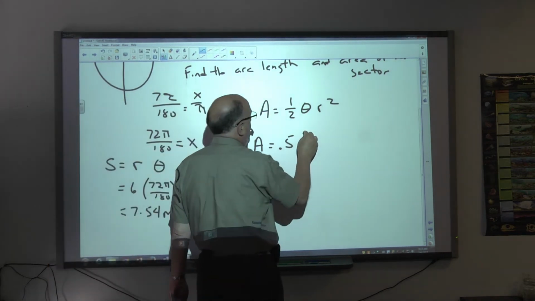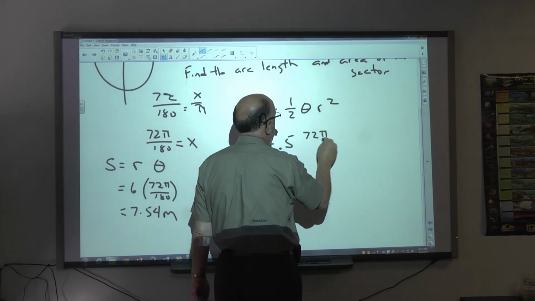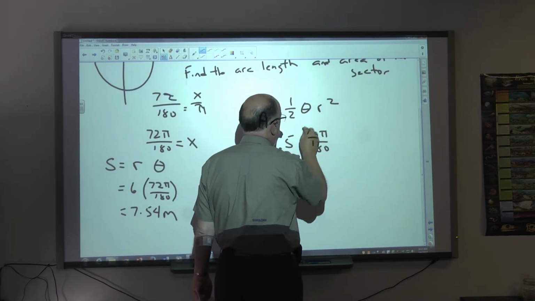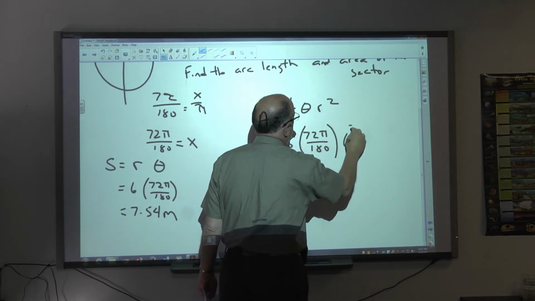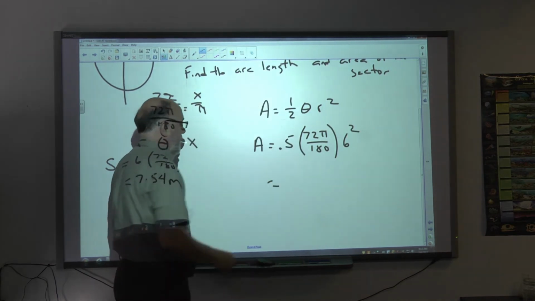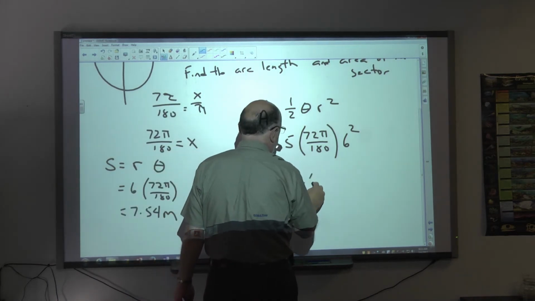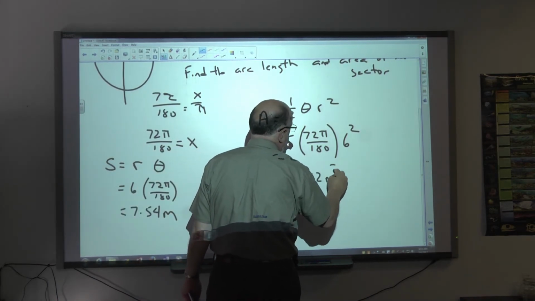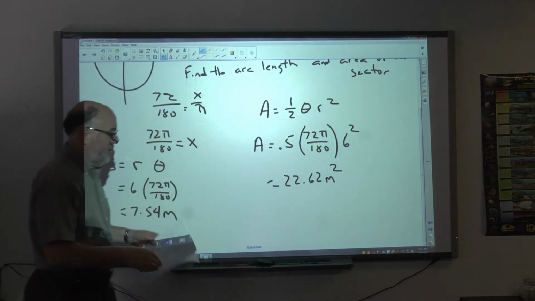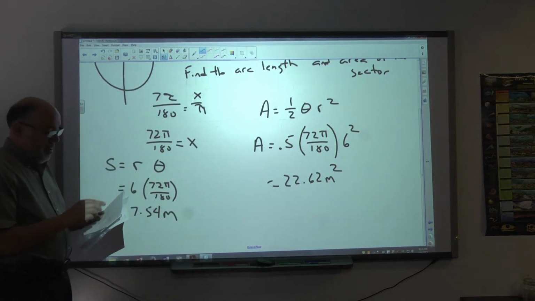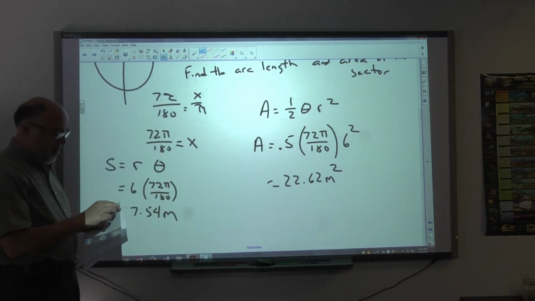Angle was 72 pi over 180, times 6 squared. And if you plug that in, you find out that the area of that piece would be 22.62 meters squared. Right? So we know the arc length and the area of that piece.